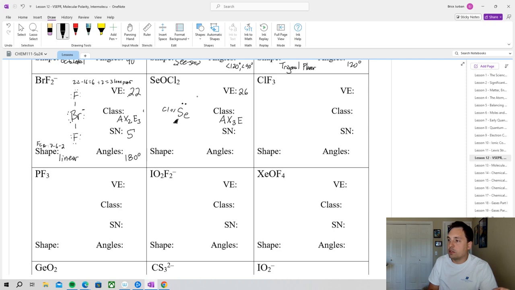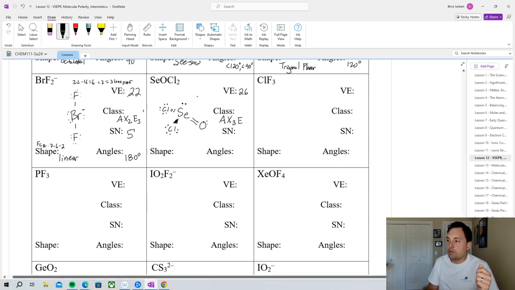So I'll put the chlorines on those. Doesn't really matter. And then we can put the oxygen over here. But remember, oxygens, they like to have 2 bonds, or they like to have a double bond. So what if I put a double bond here?